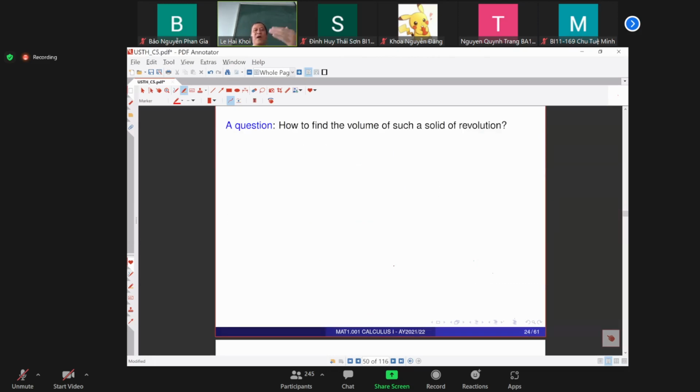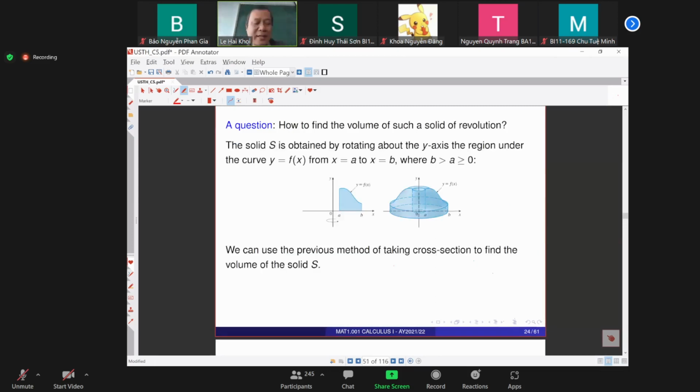So how to find the volume? Again, you can see the idea is we divide it into this part, this area, and rotating. And of course, by that, we can use the cross-section. See, you can use the cross-section we study in method 1 to find it.